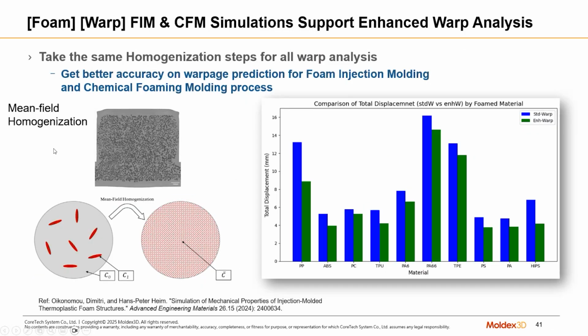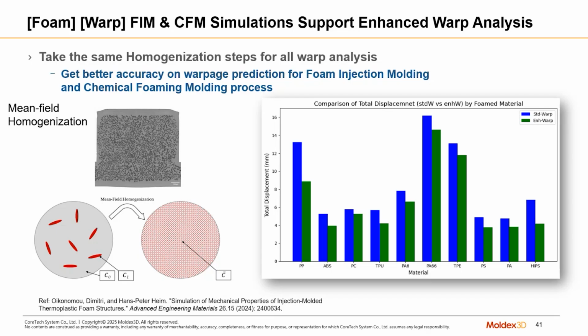All right, for foaming, we're using a mean field homogenization. We've always used this for determining what our cell distribution looks like. But from the warpage side, we didn't really use that information. It was more just for showing where the bubbles would be in a higher concentration, where there would be bigger bubbles, where there would be smaller bubbles.